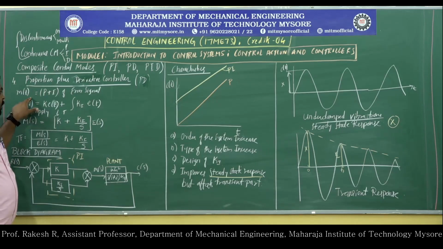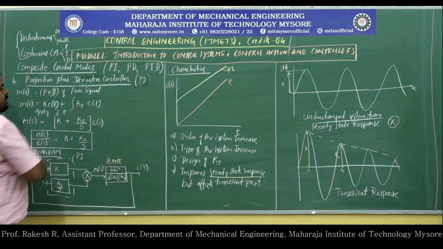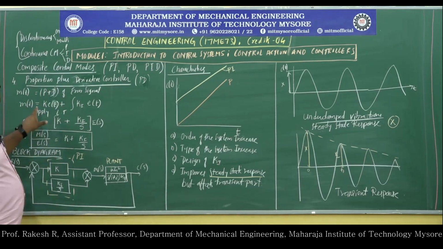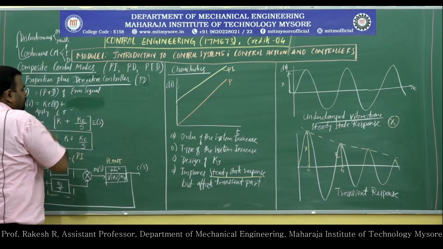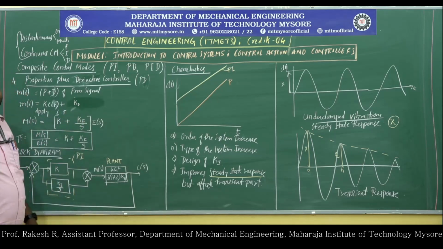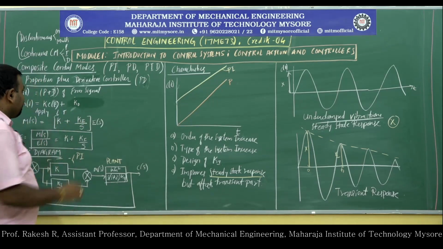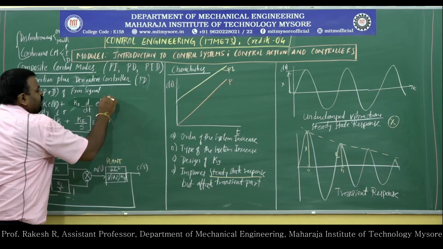Here the controller output is proportional to the derivative of the error signal. Proportional means K into E of t. For the derivative, I will take a constant of proportionality, that is K suffix d, into the derivative, that is d by dt of E of t.